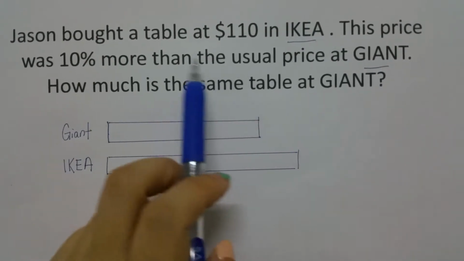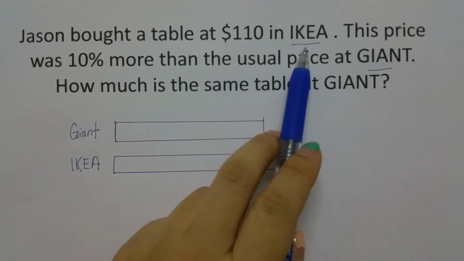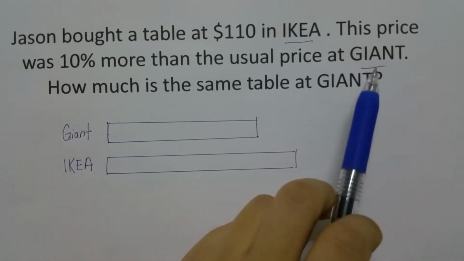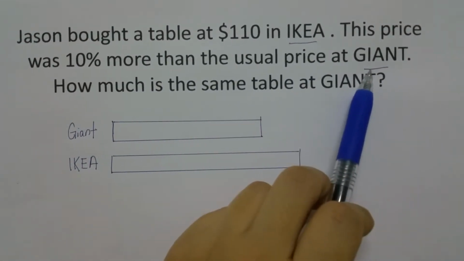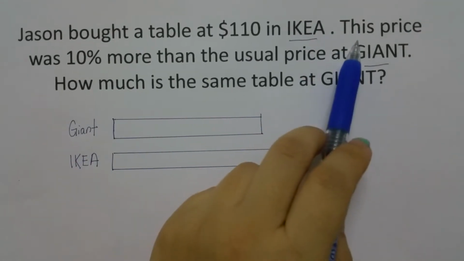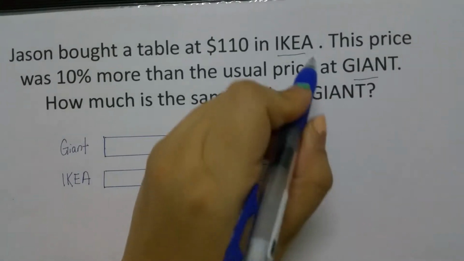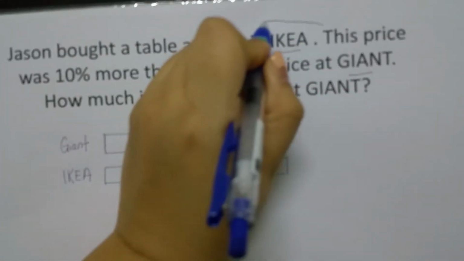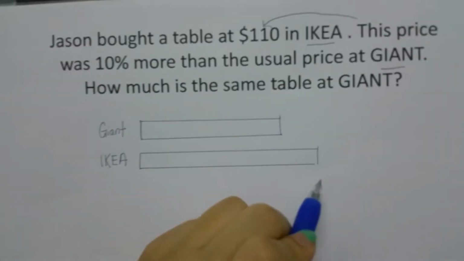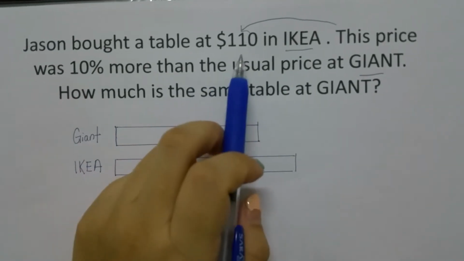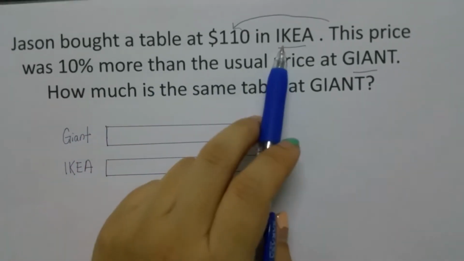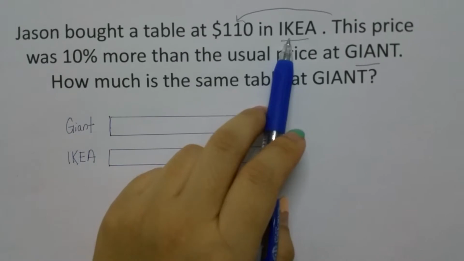So we are comparing the price of the table in IKEA to the price of the table in Giant. Right? So what do you think this refers to? This refers to the $110 of the table in IKEA. Right?